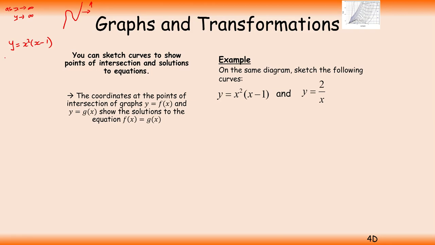So coordinates, let's let y equal 0. x squared times x minus 1 is equal to 0. So either x is equal to 0 or x is equal to 1. Gives us two coordinates, 0, 0 and 1, 0.